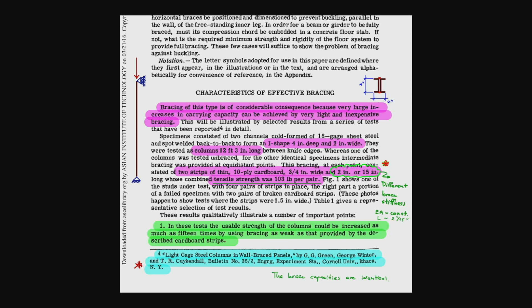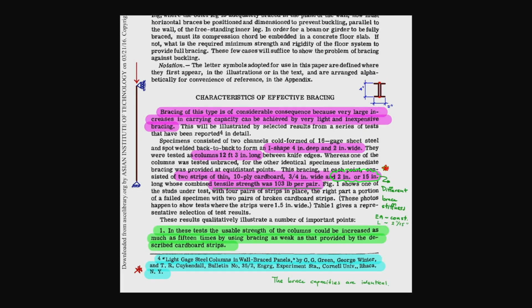They use cardboard to show that even just paper can be used to brace the steel column, and that improves the strength of the column by as much as around 15 times. But 15 is just a number. Is it a big number or a small number? We're going to take a look at it and get some sense of it.